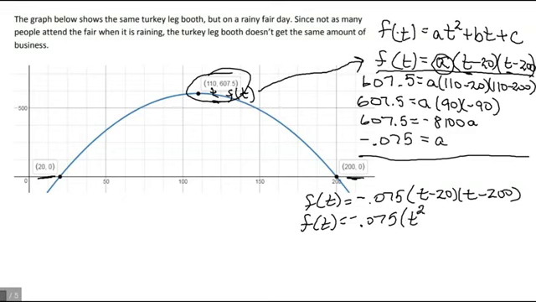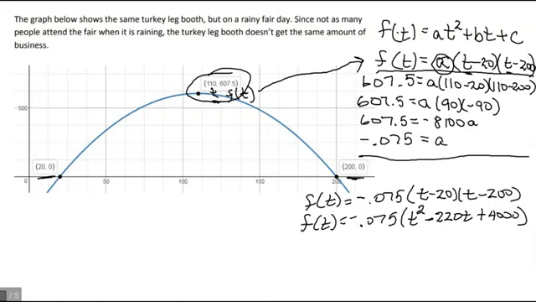I'm distributing the t to the t and the t to the negative 200, and then the negative 20 to the t and the negative 20 to the negative 200. And so I end up with t squared minus 220t plus 4,000.